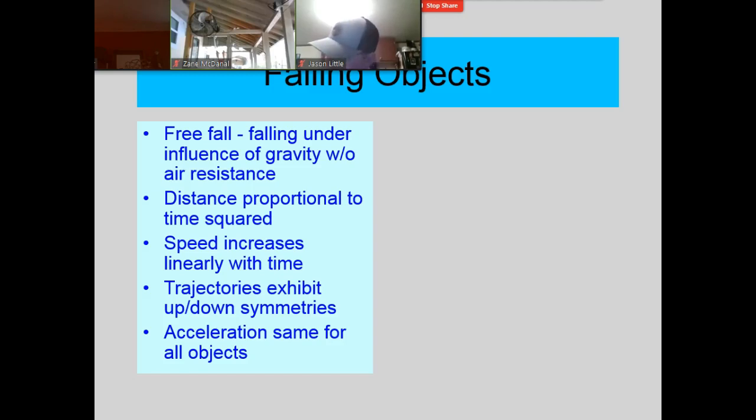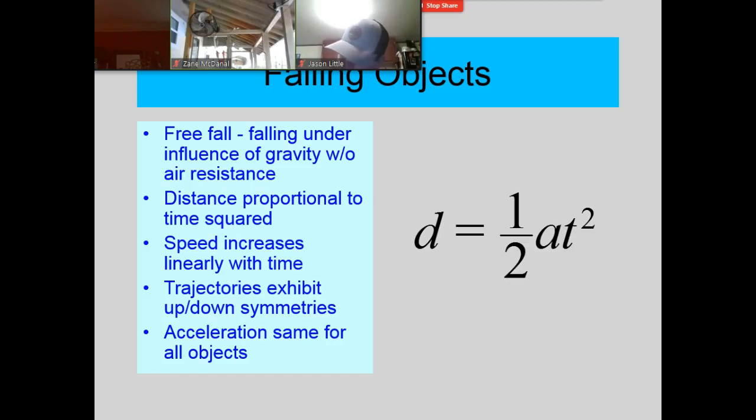Do we ever have this on the surface of the Earth? No. There's always some air resistance. However, air resistance is proportional to the velocity. So if the object is falling slowly enough or coming down slowly enough, then we can ignore the air resistance. Okay? And that formula we just had said the distance is proportional to the time squared.